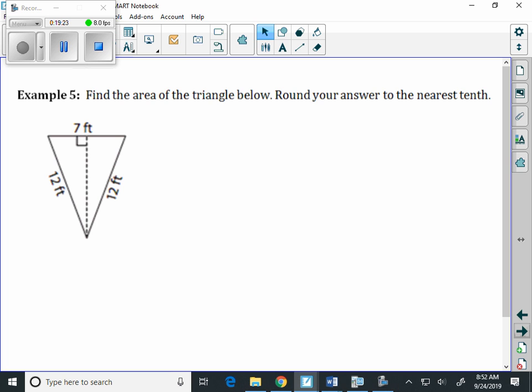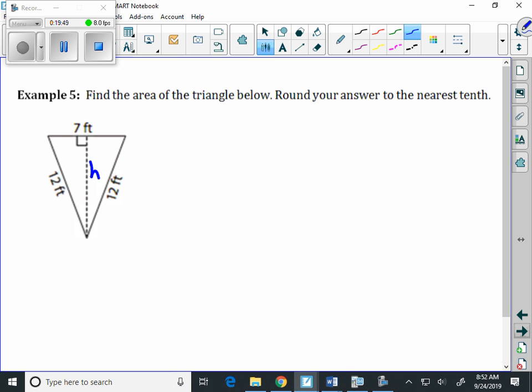When we finish here, we do have isosceles. We've got a side with 12 feet and another side with 12 feet. And what happens is our height is the dotted line drawn in there, but we need to figure out what that height is. So we'll call that h. But the base of this triangle is 7.